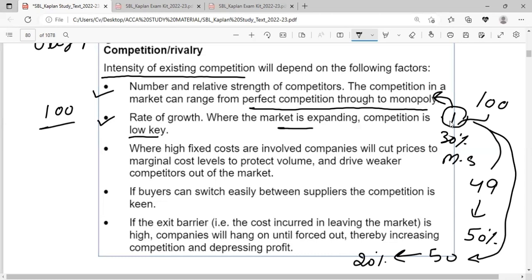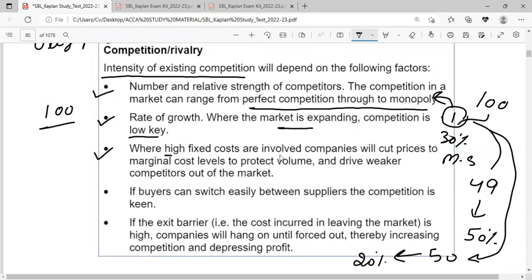So the market is rising, everyone is attracting customers, everyone is working at full capacity, everyone is earning its targeted revenue, everyone is earning its targeted profit. So there is no need of a price war. Everyone has its own customers, its own niche market. So there is no disturbance in the market.